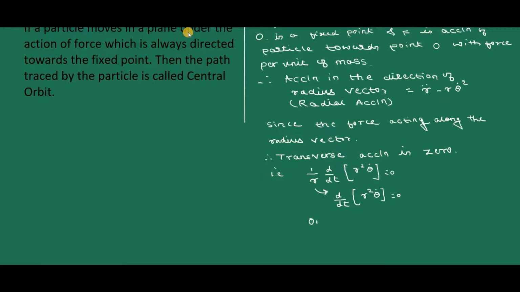On integrating, what do we get? r square theta dot is equal to a constant, because if you integrate the left hand side, d by dt cancels, and I will denote that constant as h.